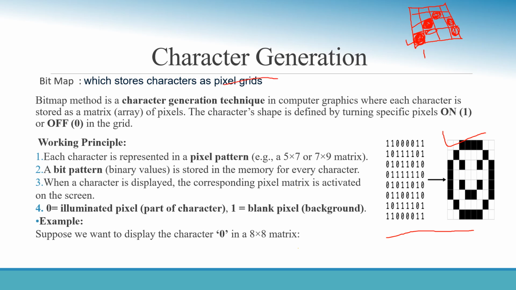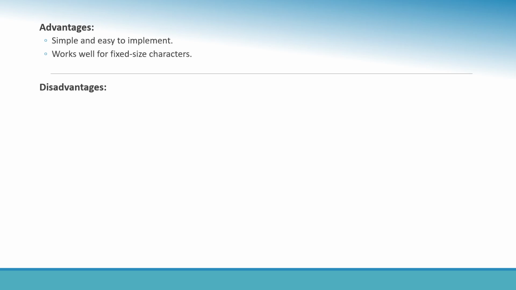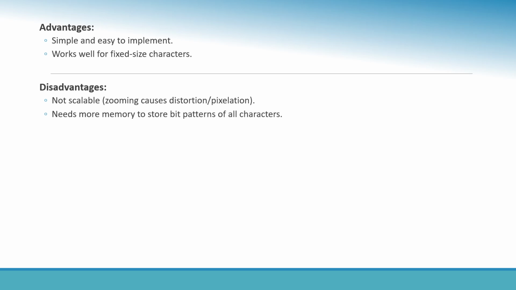Now, see the advantages and disadvantages of bitmap. The advantages are that it is simple and easy to implement, and it works well for a fixed size of character, meaning the font size is fixed, not variable. The disadvantages are that it is not scalable, meaning we can't zoom the character size.